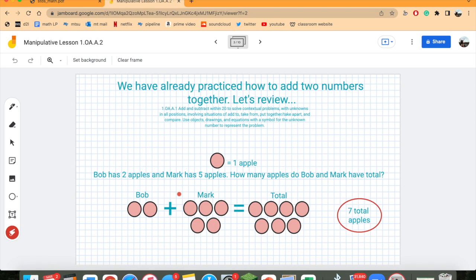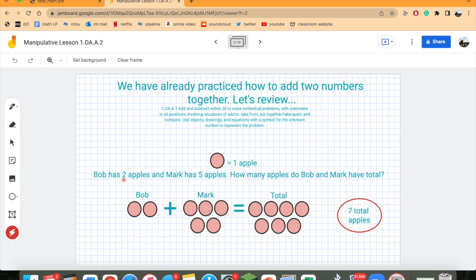So to show how to solve this problem through manipulatives, I have used one circle to represent one apple. So we see here Bob's 2 apples, and we see here Mark's 5 apples.